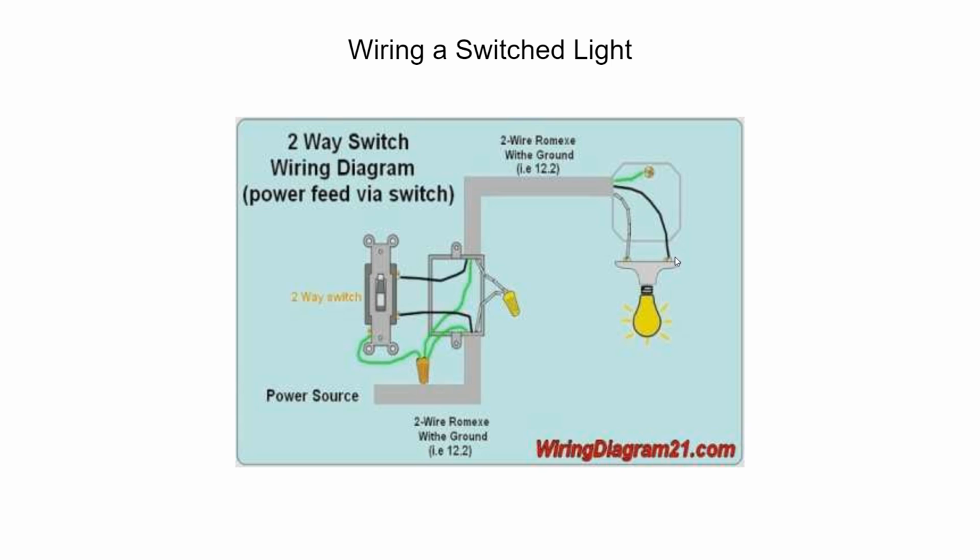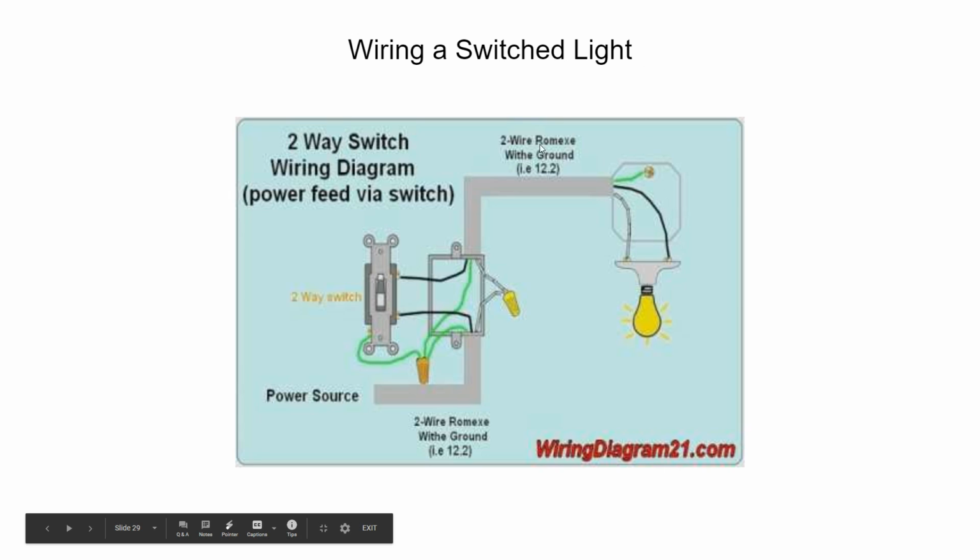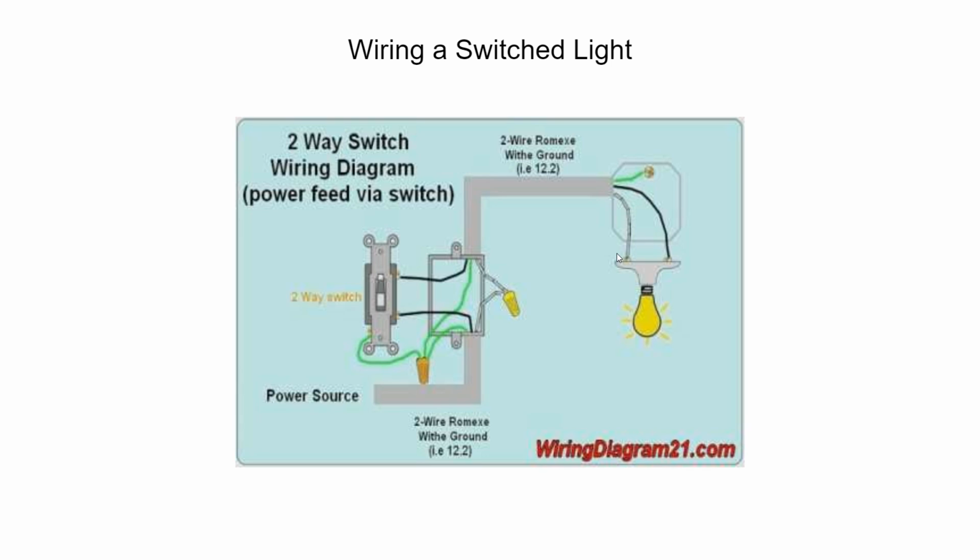One thing I have not mentioned yet, brass screws are for black wires. Brass screws are for black wires. So black equals brass. So the hot wire goes to brass. Again, it doesn't care, but this helps us keep everything consistent so you're not guessing. White wires go to silver.